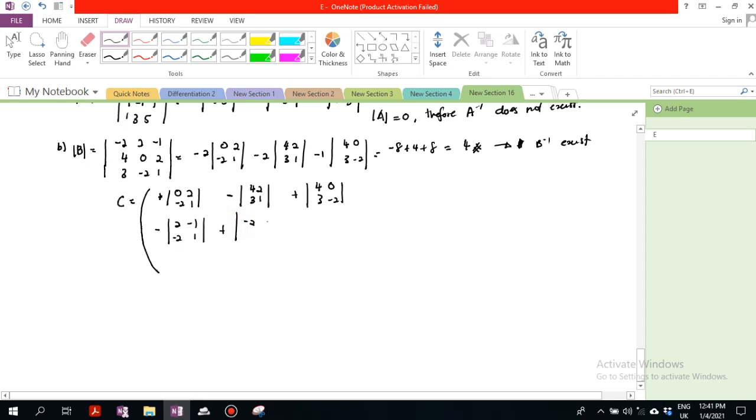plus negative 2 negative 1, 3 1, minus negative 2 2, 3 negative 2. Then the last row will be positive, 2 negative 1, 0 2, negative, negative 2 negative 1, 4 2, positive negative 2 2 and 4 0.